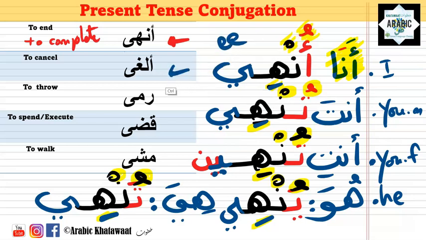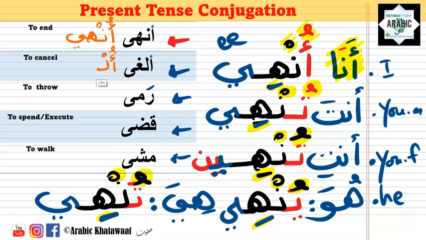I can go on with algha, and then rama, and qada, and masha. So I can determine how the verb is conjugated in the first person, and I would say unhi over here, and then I would say ulghi, I cancel, and then rama and qada and masha would have the exact same short cases.